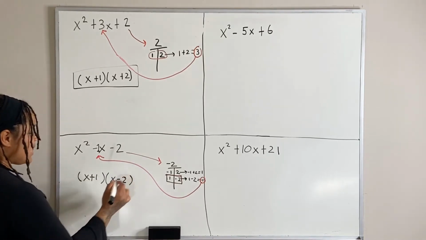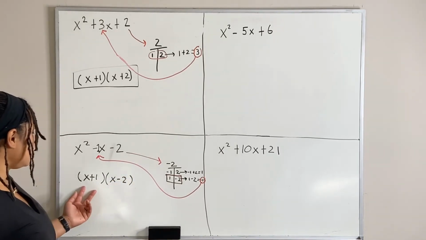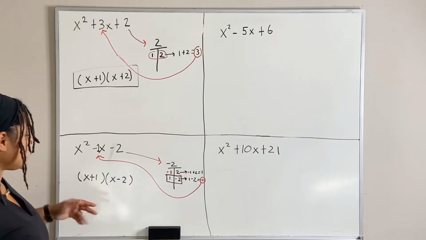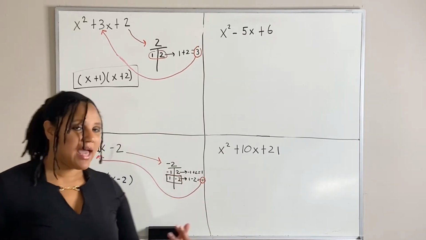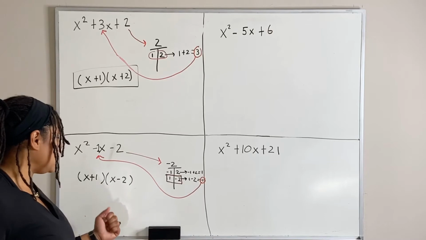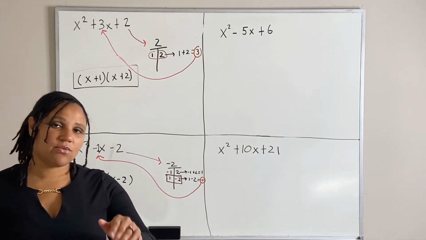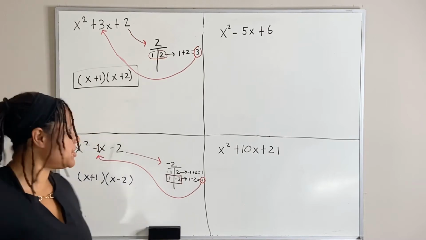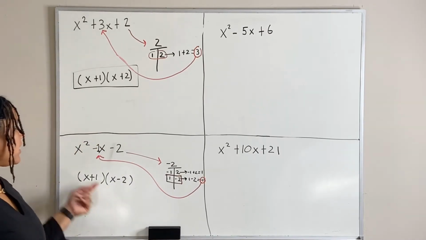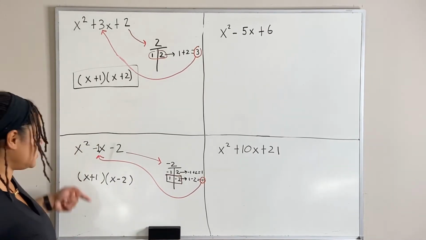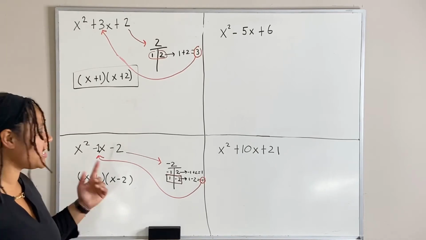And you can check going backwards. I did another video on how to multiply binomials together. I will leave that video link down below in the description, where you start off here and you end here. So it's a good way to know both ways, so you can check your answer.